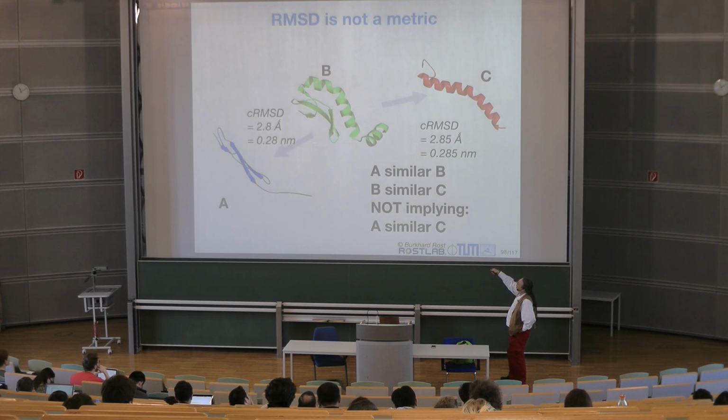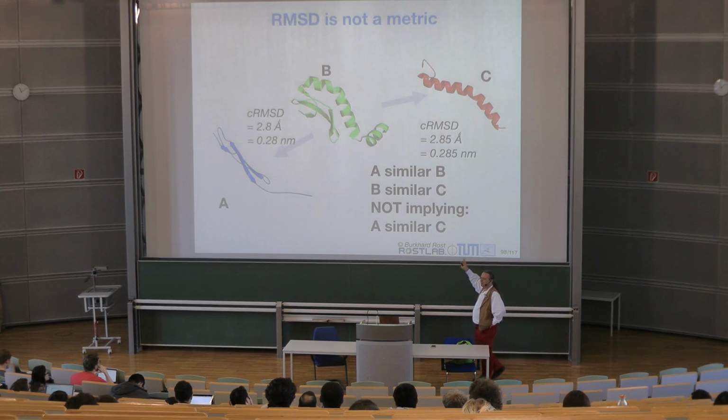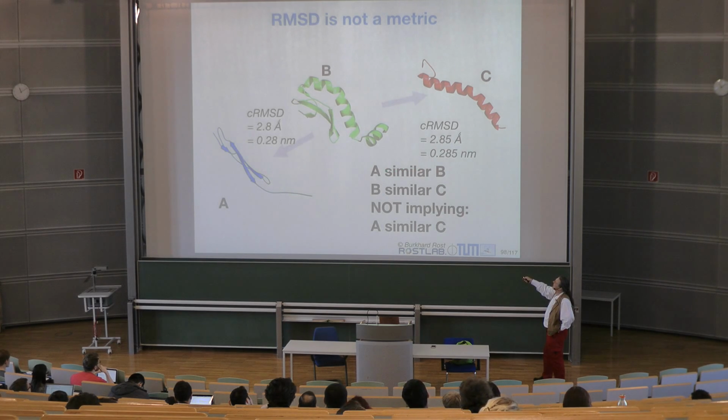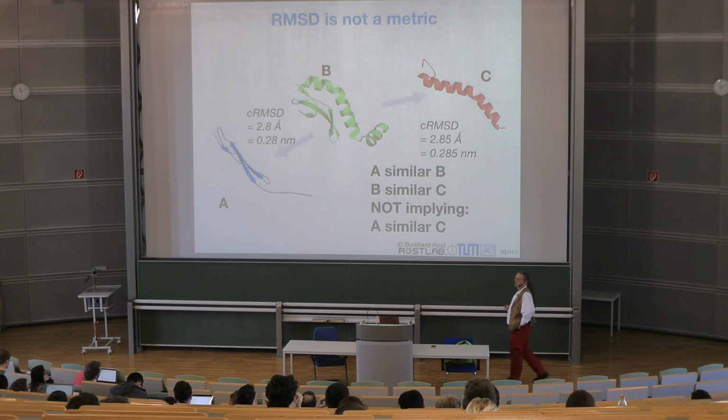2.8. 2.8. Which one is better? Those are two different alignments of two different parts. The answer to my question is not clear at all, but what is important to remember is the fact that A is similar to B and B is similar to C does not mean any similarity between C and A, because proteins consist of units.